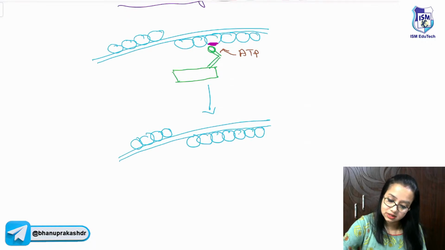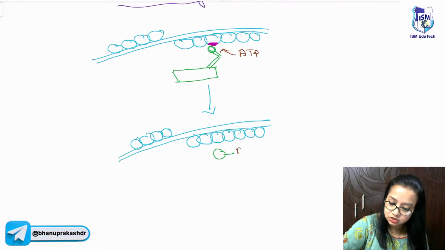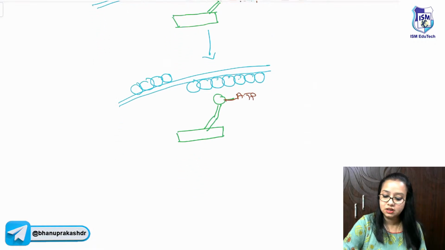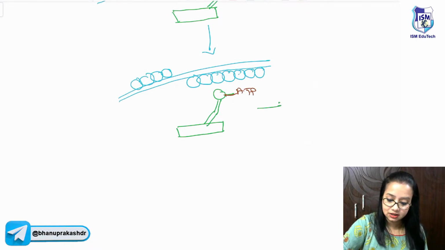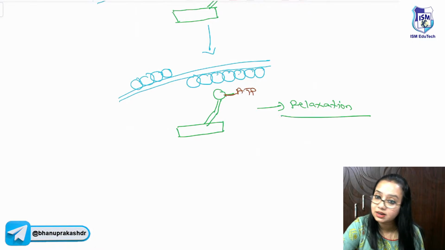Immediately the myosin head onto which the ATP is bound will be pulled back away from the actin. Thus, relaxation.